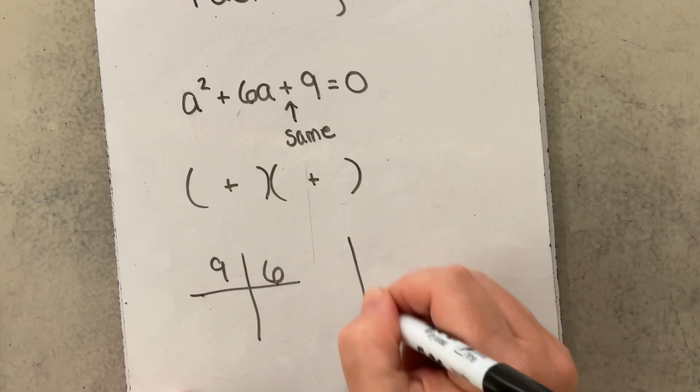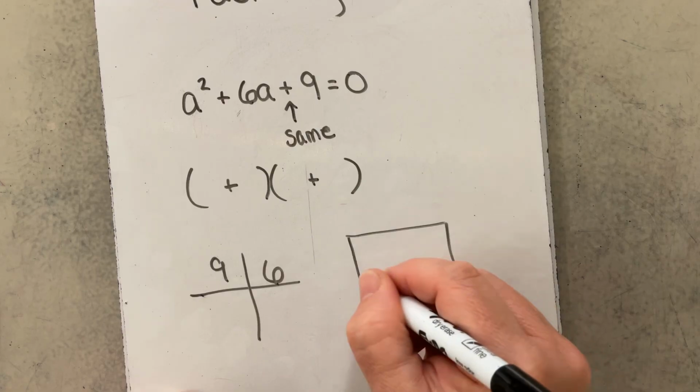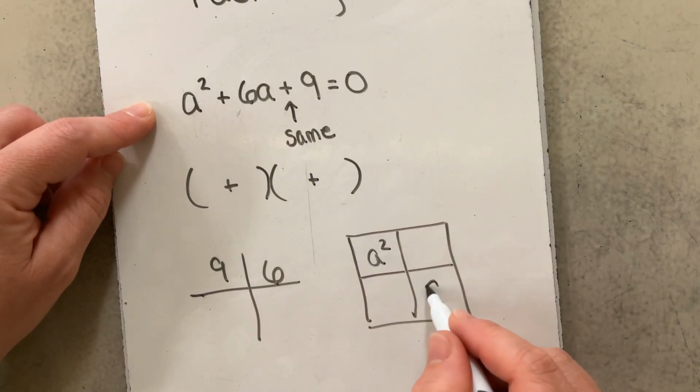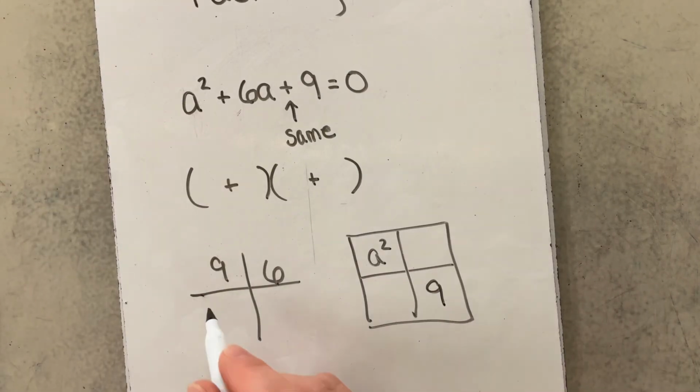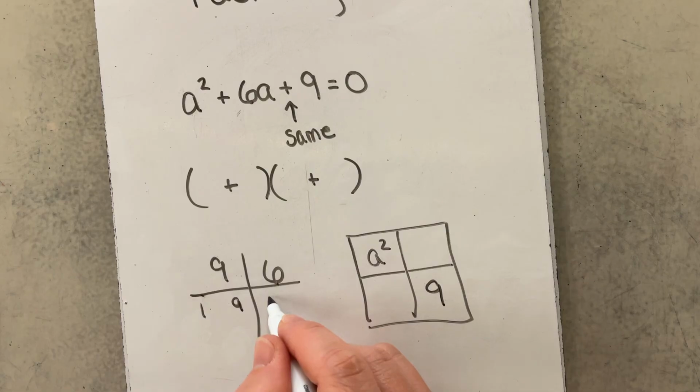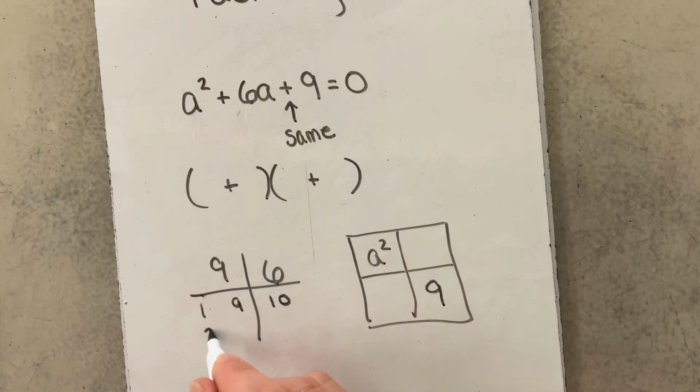Okay, I'm going to make my box. My first one goes here, my last one goes here. Now, 1 times 9, since we have the same sign, when we add them would be 10. That doesn't work. 3 times 3 is the only other factors of 9. 3 plus 3 is 6.